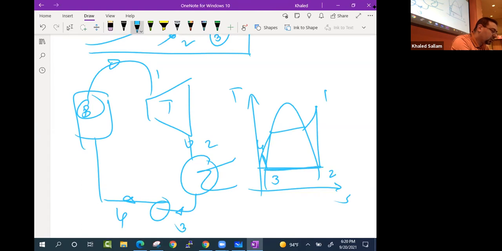For the water to go from 2 to 3, from hg all the way to hf, who is doing this? It is the cooling coil that is sitting here, right?